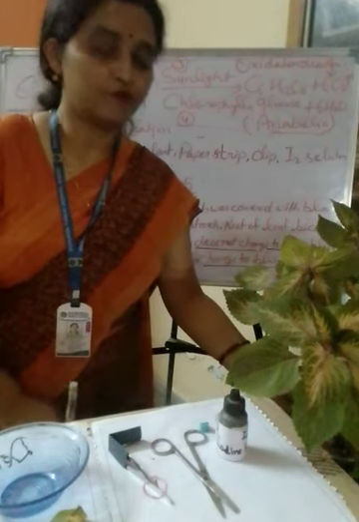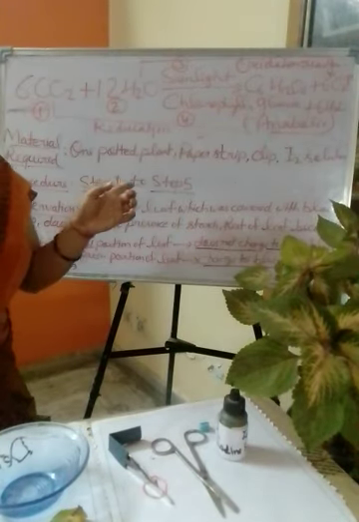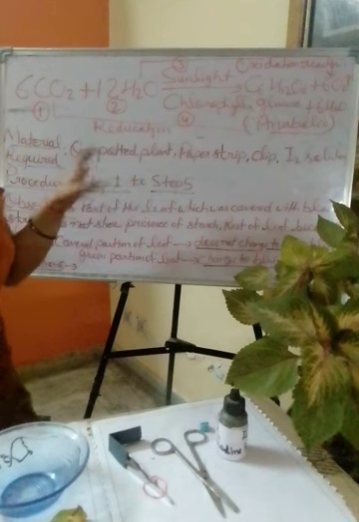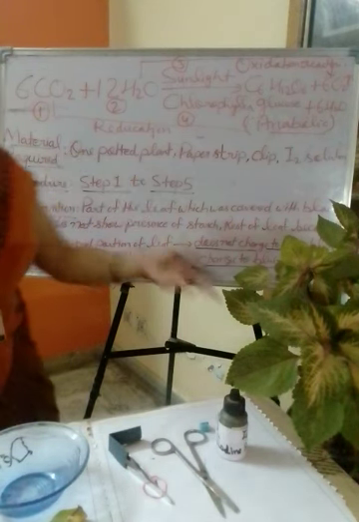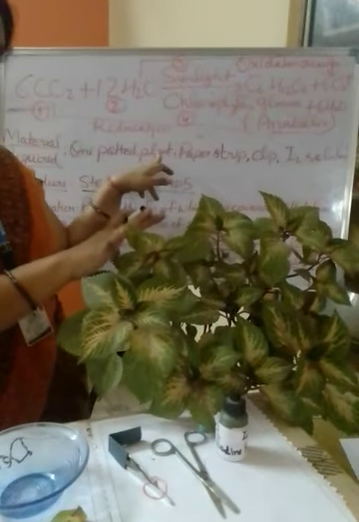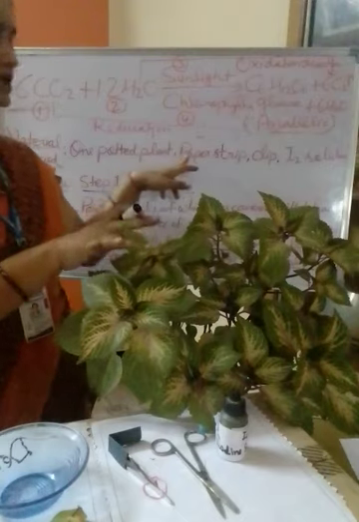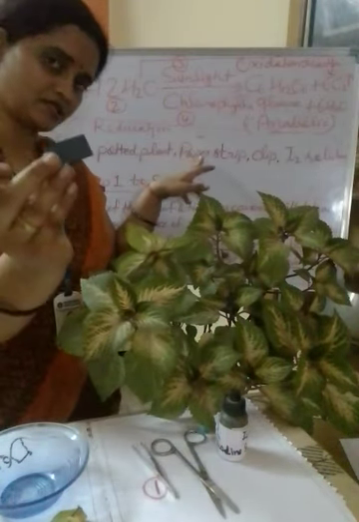Now first of all, this lab activity requires some materials. Which materials are required? First of all, we take one potted plant. Look at the blackboard and the potted plant. Now we take a paper strip. Understand that?